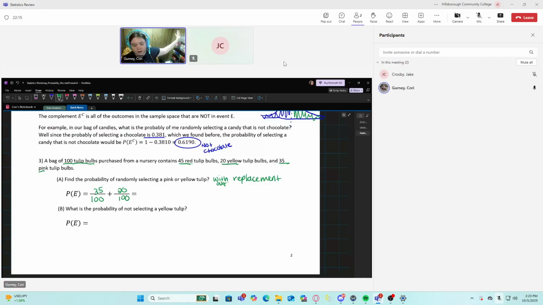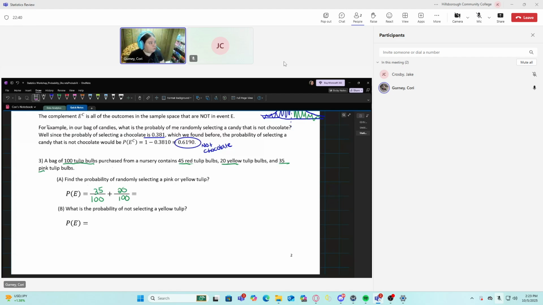It does not go back in the bag. Nowhere in this example is that said. So we are assuming they choose a pink tulip, put it back in the bag, shake it up, and then they put their hand back in the bag and they select a yellow tulip. That's what we're assuming. If they do not say without replacement, it's always being replaced back in. Your total does not change.